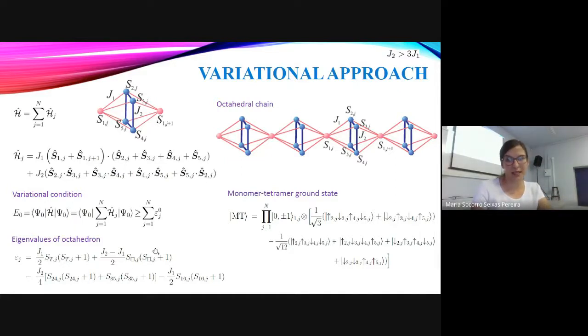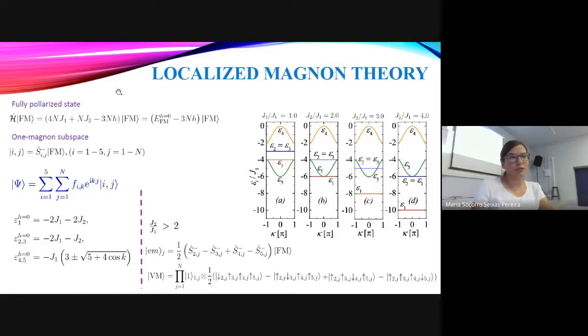And according to that, one can find in the highly frustrated parameter region the ground state, which has the character of a monomer-tetramer state, where monomeric particles are free and each square plaquette creates a singlet tetramer state.